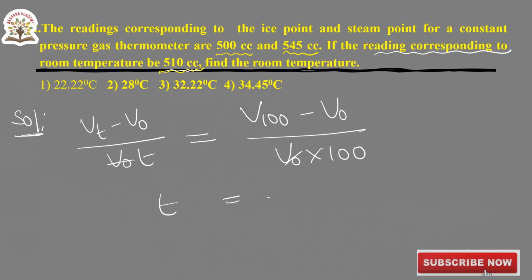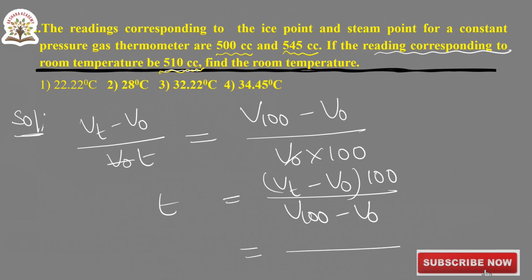T is equals to, by taking cross multiplication, (Vt minus V0) into 100 by (V100 minus V0). Now substituting values, Vt they given as 510, V0 as 500, into 100 by V100, which is 545 at steam point, and ice point is 500.